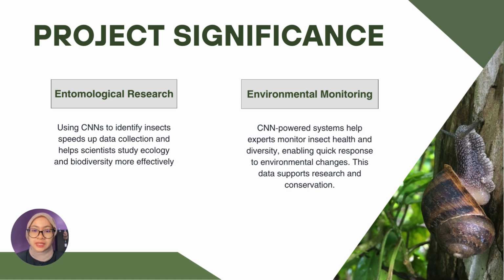For environmental monitoring, the CNN-powered system allows environmental experts to keep an eye on the health and variety of insects. Because it makes it possible to identify and react to environmental changes more quickly, this trustworthy data supports ecological study and conservation.